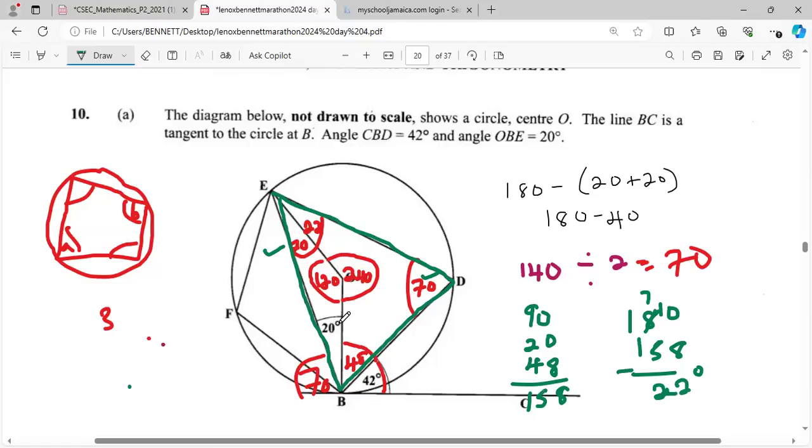Guys, you just have to figure it out. Just look for everything possible. So you remember that rule here: interior opposite angles are equal. You can't see it like how we can see, but you can see the triangle where we have the 48, the angle between radii and tangent. You can figure out the 48 here. You get the 70 already, because you guys told me this was 70, right? So we have the 70, the 48, the 20, plus that 20 here from the isosceles.